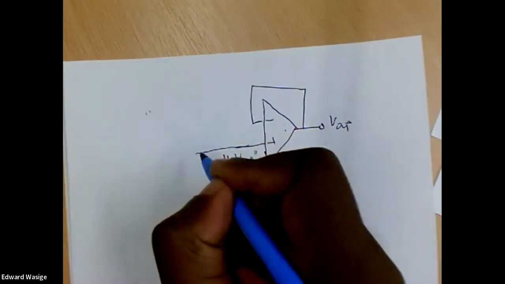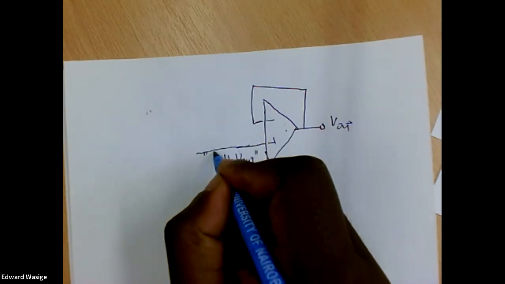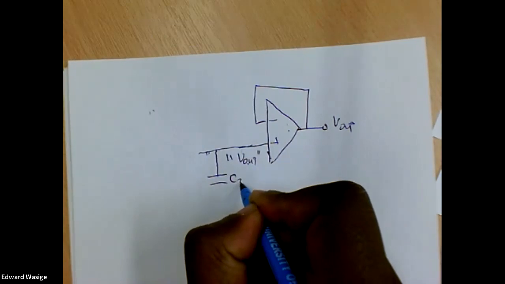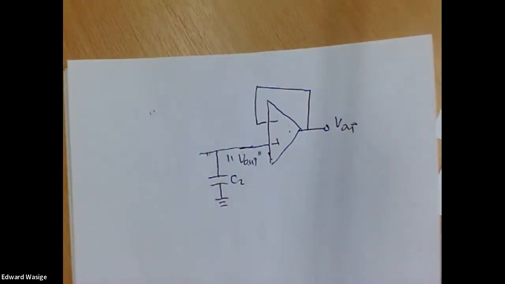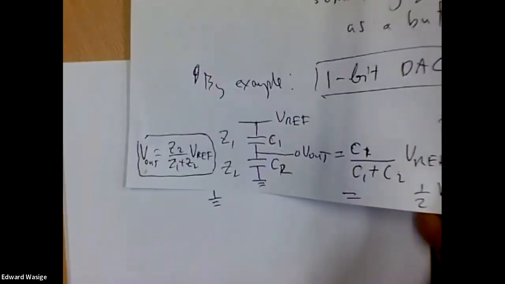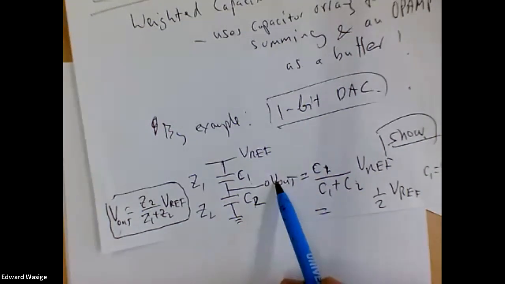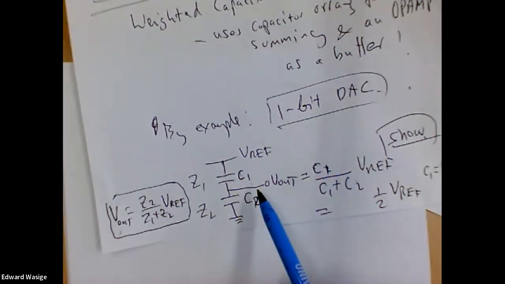So if this is my Vout, capacitor C2, I can draw it there and connect it to ground. And capacitor C1 from the previous circuit, remember this is our previous circuit, and I've drawn Vout, included a buffer so that whatever voltage we have here is isolated from our actual output.